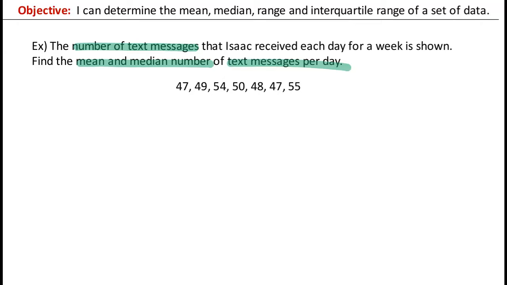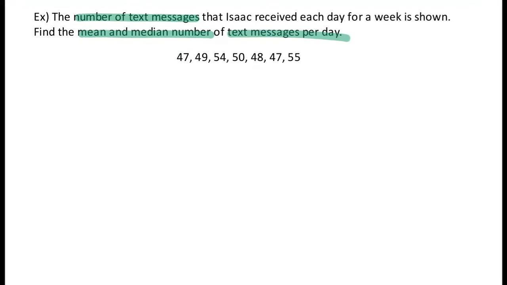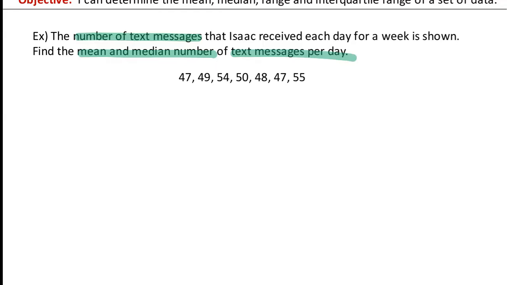So if I were to reorder these numbers, my smallest value on the set is what? 47. So I write it down. But I also have another one over here, so I'm going to write 47 2 times. And then my next smallest is 48. Then we have 49.